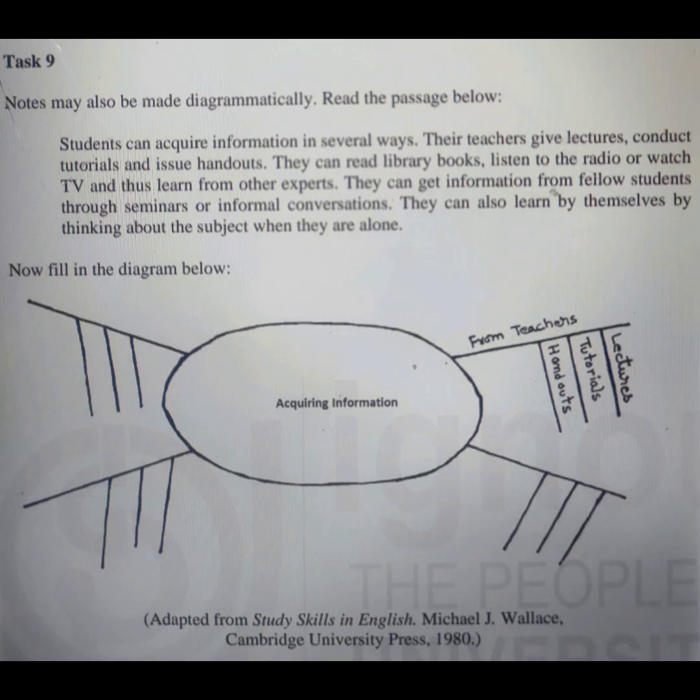They can also learn by themselves by thinking about the subject when they're alone. Now fill in the diagram below. Acquiring information from teachers, handouts, tutorials, lectures. Adapted from Study Skills in English, Michael J. Wallace, Cambridge University Press, 1980.